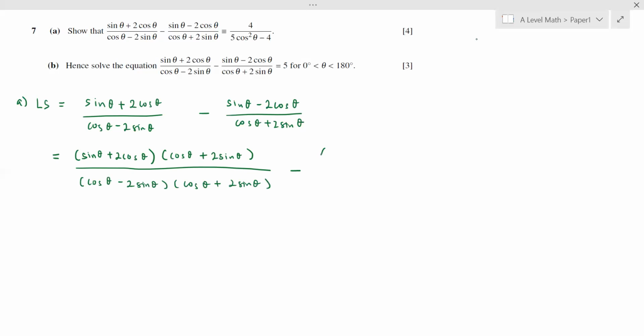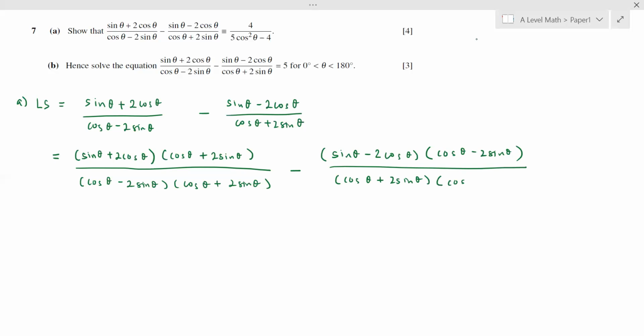And we use the same technique for the second term also. We multiply the numerator by the denominator of the first term, which is cos theta minus 2 sine theta. And we do the same for the denominator. We multiply by the denominator of the first term.